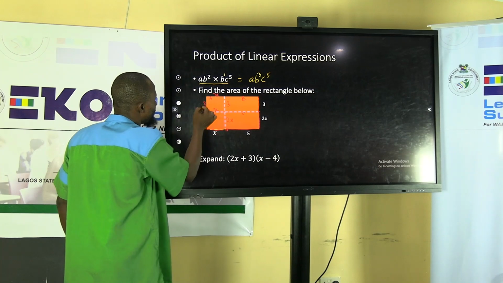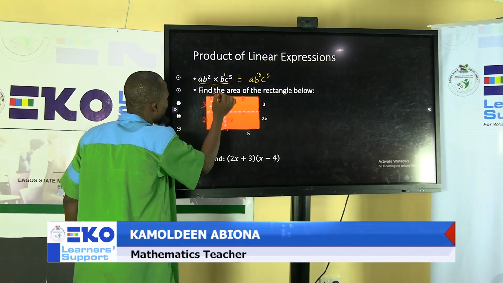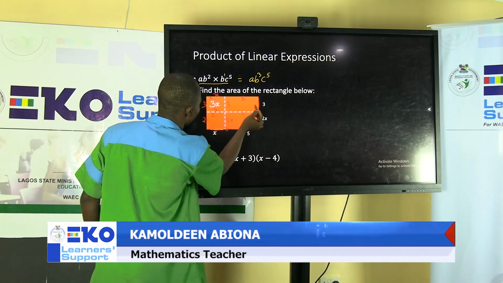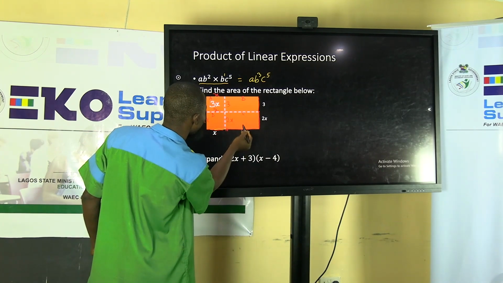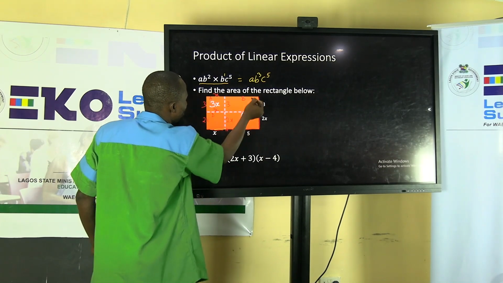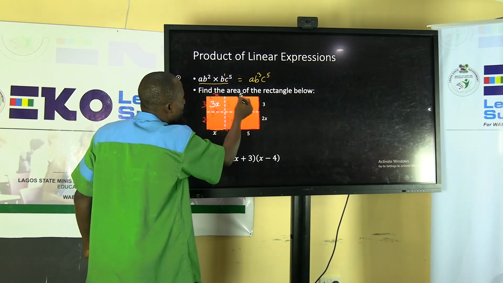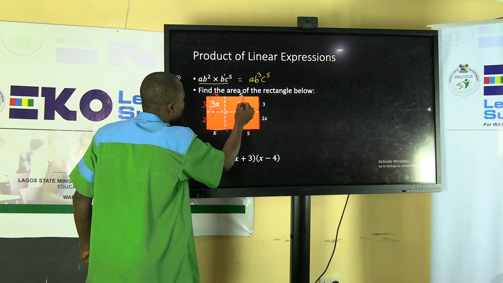The area in this is what? x times 3, that's 3x. The area here, this is 5, this is 5 too. So the area here is what? 5 times 3, that is 15.